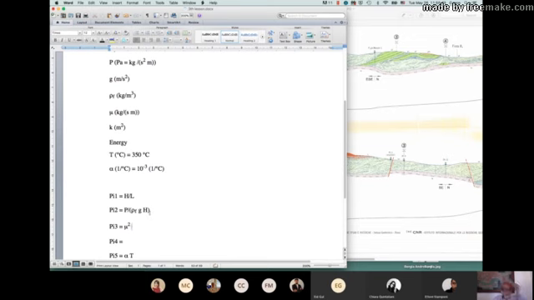So if I put viscosity square, then viscosity square will be kilograms squared divided by second squared meters squared.